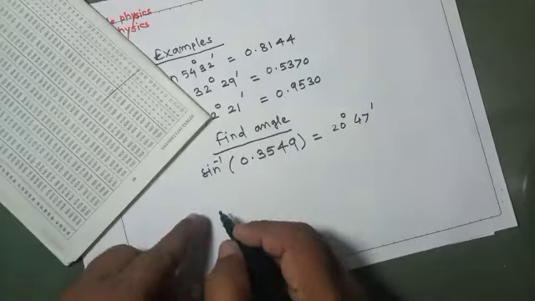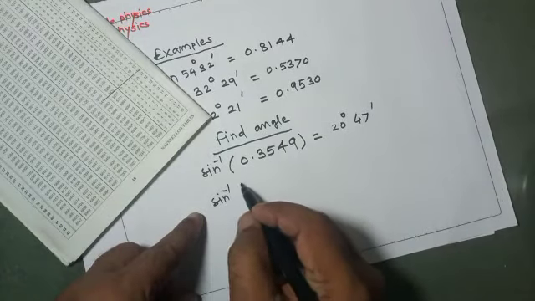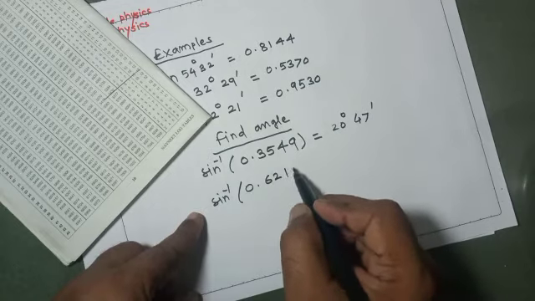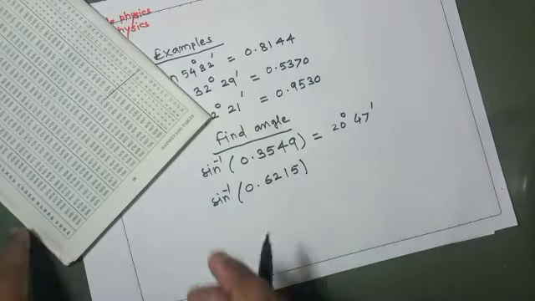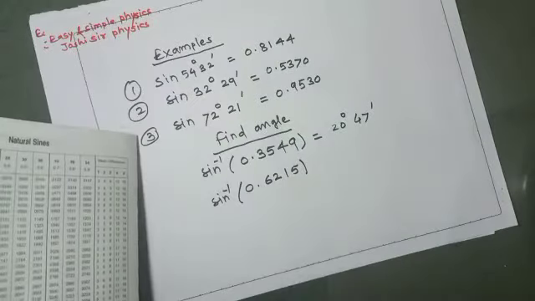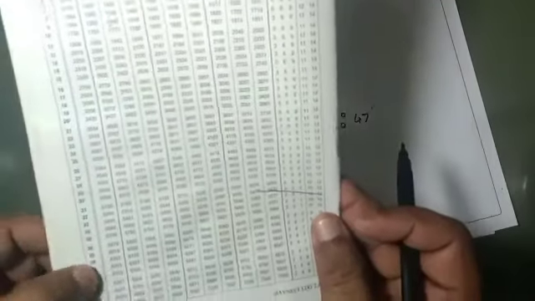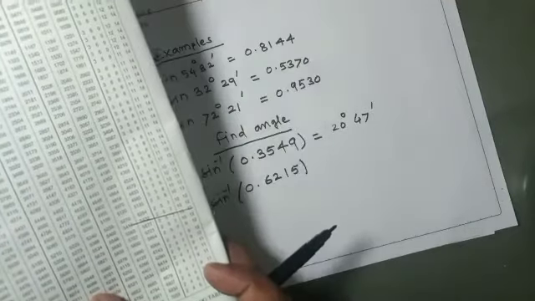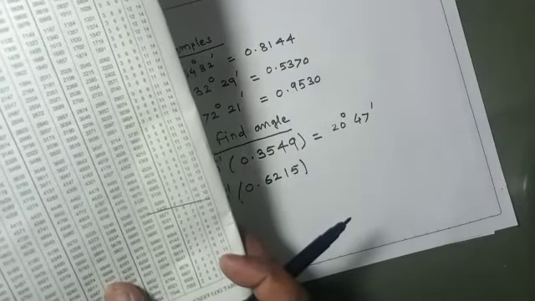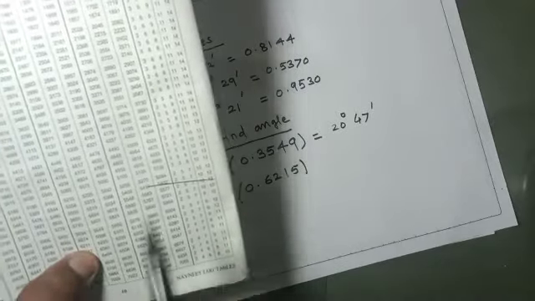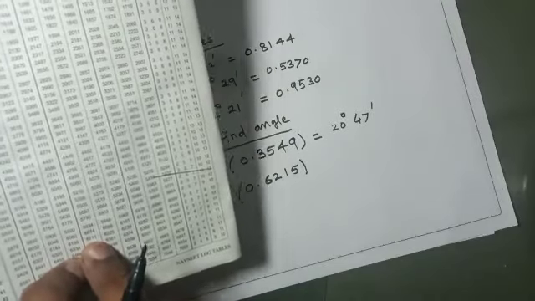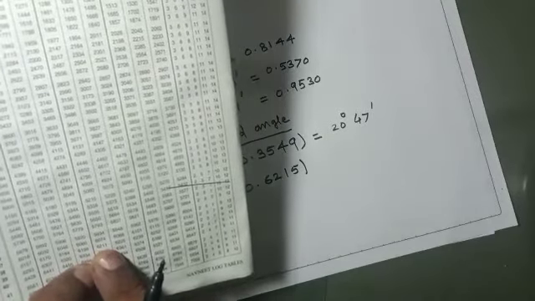Another example, if you are given sine inverse 0.6215. First of all, we find 0.62. Here in the front page 0.62 is there, 0.6211, 0.6225, but the question is 0.6215. So here we take 38 degree and 0.6211 in the column of 18 minutes.